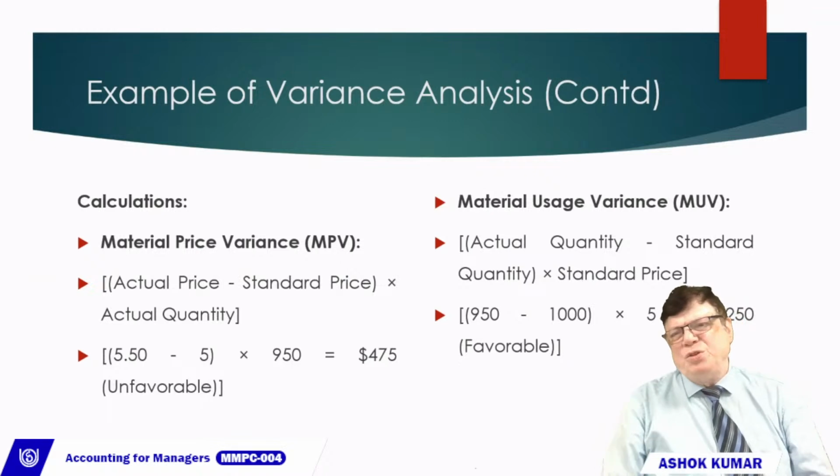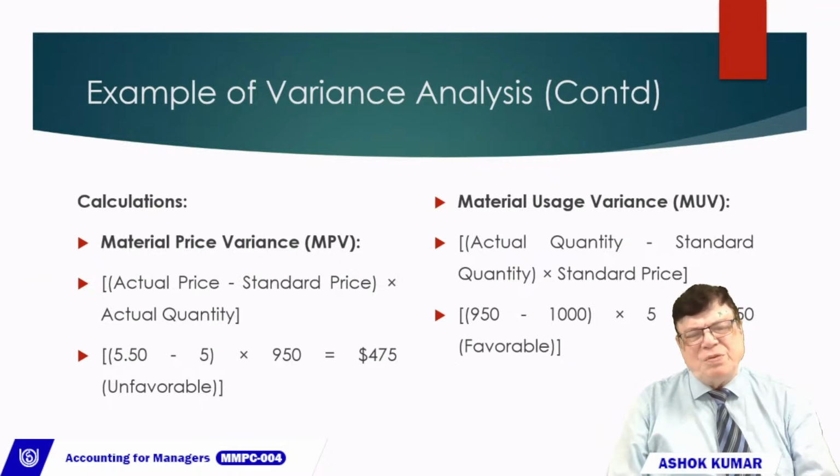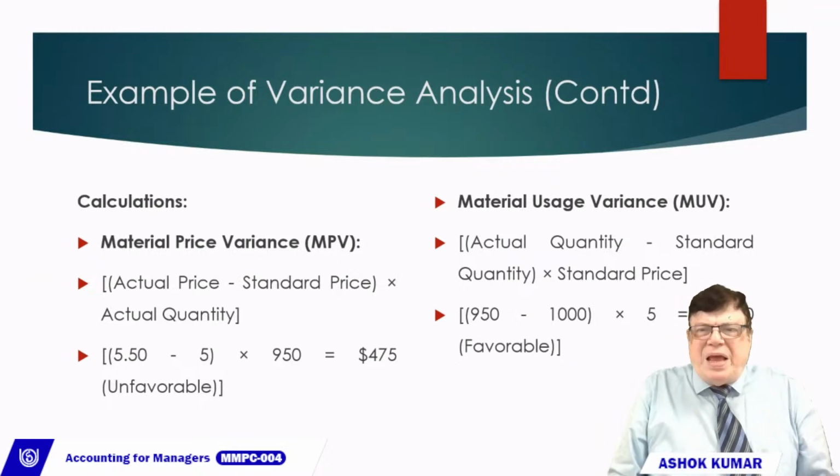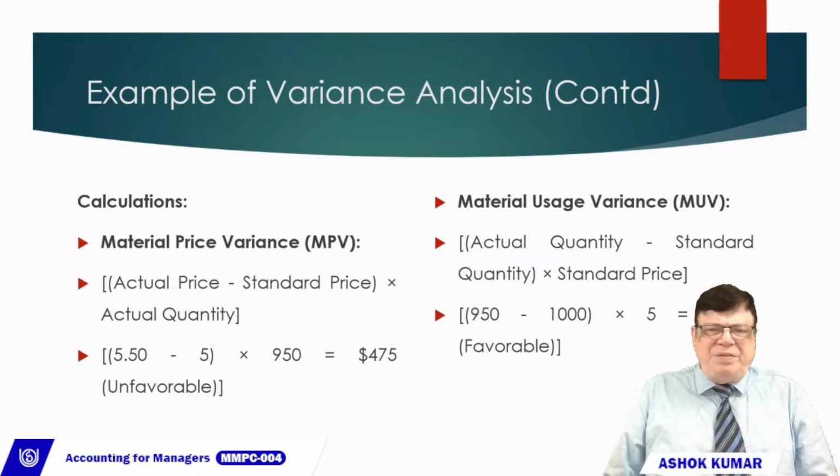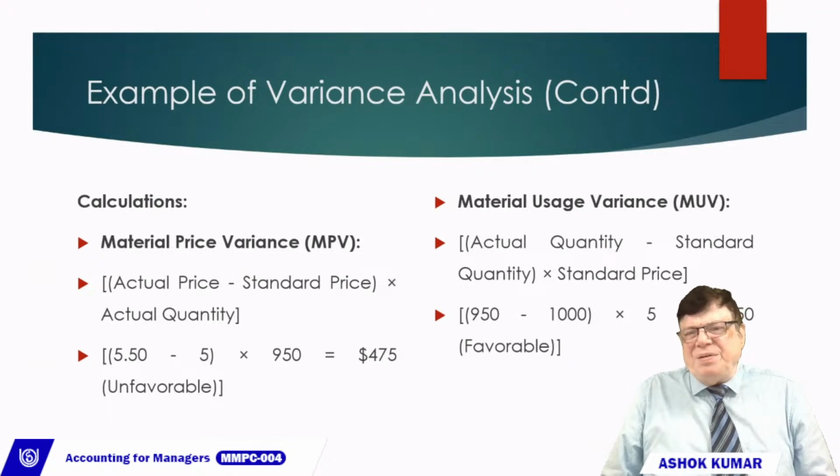Now, material usage variance: this was MPV, unfavorable. MUV is actual quantity minus standard quantity, 950 minus 1000, into standard price 5. So we get minus $250. This is favorable.